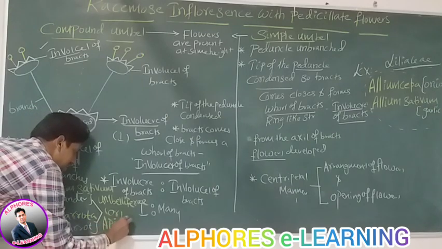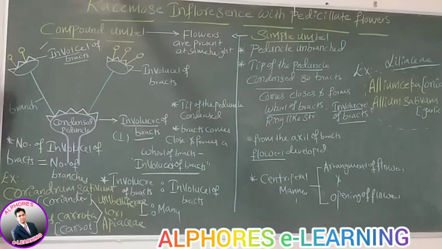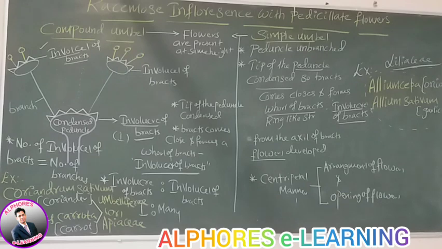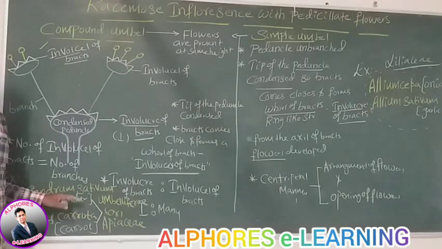Apiaceae family. Therefore, Coriandrum sativum and Daucus carota belong to the Umbelliferae family or Apiaceae family.